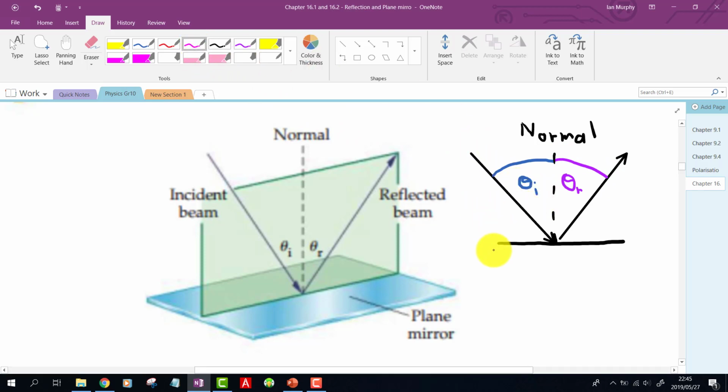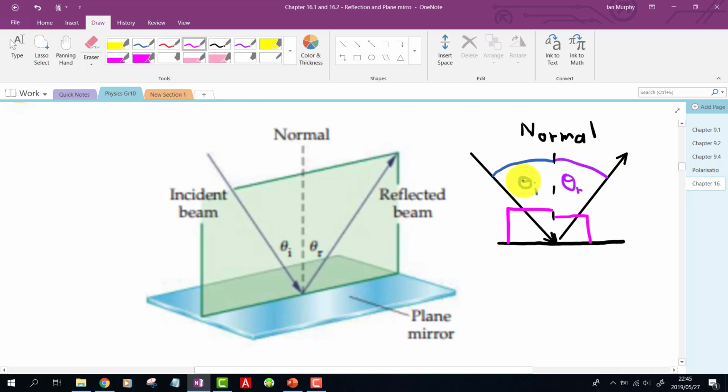Between the horizontal surface where reflection occurs, in this case the mirror, the normal is always at 90 degrees to the surface, on both sides. That is the definition of the normal. It's an imaginary dotted line, and we use it to calculate the angle of incidence and reflection.